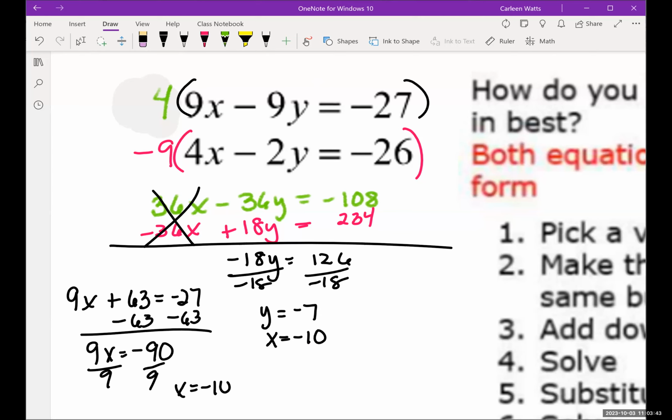You're using a calculator. Does anyone see a shortcut? Is anyone wondering, ooh, that doesn't look very fun, but I see a shortcut that looks kind of interesting to explore? Way back at the beginning, 9x minus 9y equals negative 27.